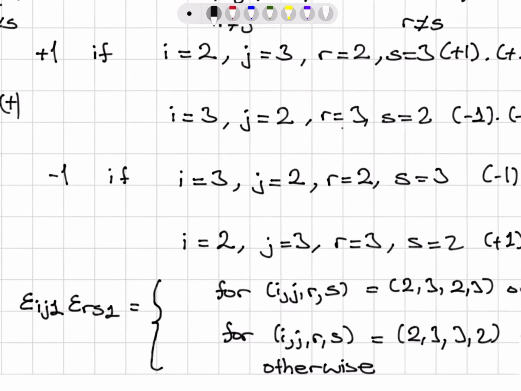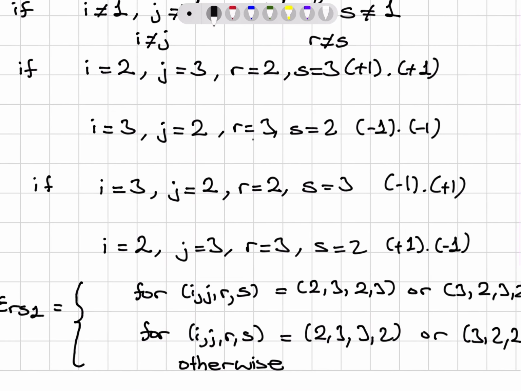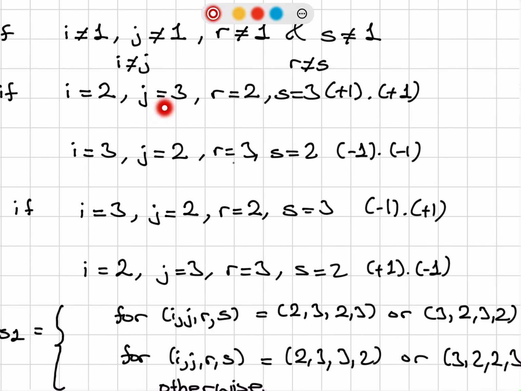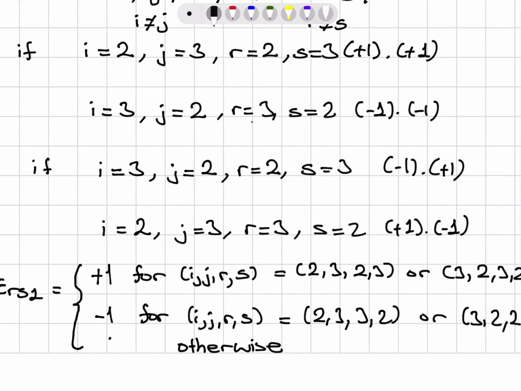Okay, so I can summarize these results by saying if ijrs values are 2, 3, 2, 3 or 3, 2, 3, 2, I'm getting a plus 1. If they are 2, 3, 3, 2 or 3, 2, 2, 3, I'm getting a minus 1, and otherwise one of these indices will be equal to the other, so I'm going to obtain a 0.